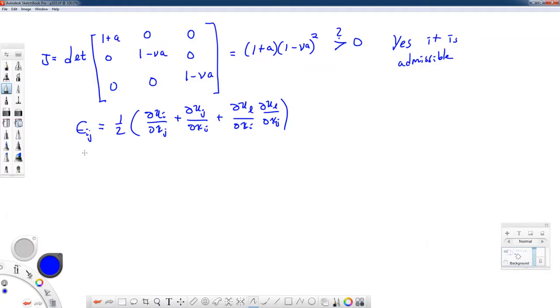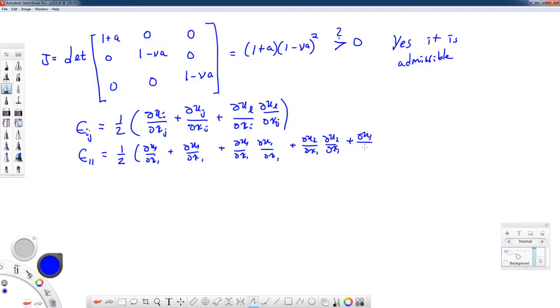Let's go ahead and write down a couple of these terms just to get a little more practice with our index notation. For example, epsilon 1,1 will be equal to the partial derivative of u1 with respect to x1, plus the partial derivative of u1 with respect to x1, plus the summation: u1 with respect to x1 times u1 with respect to x1, plus u2 with respect to x1 times u2 with respect to x1, and u3 with respect to x1 times u3 with respect to x1.